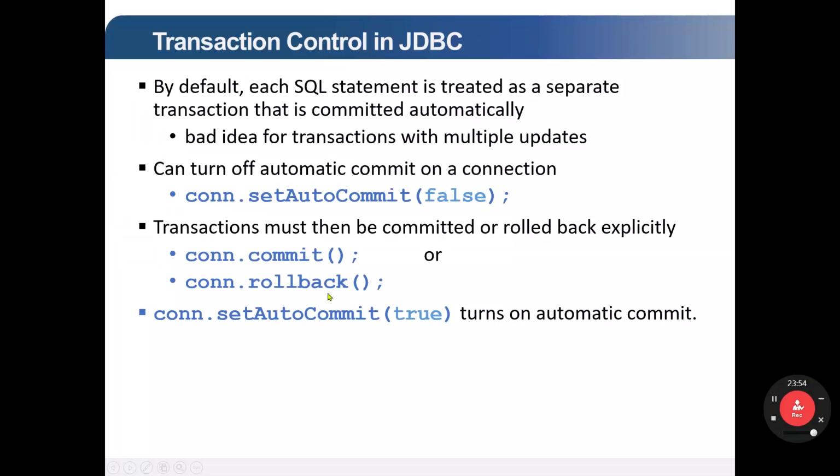Then those 5 queries will be cancelled, and the database state will be rolled back to the previous consistent state. After you finish your transaction, if you want to execute each statement as a single transaction, then you should call this setAutoCommit method with a true parameter. Then every single individual query will be executed as a transaction.